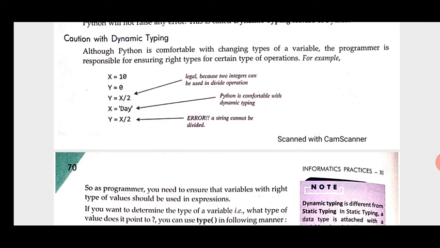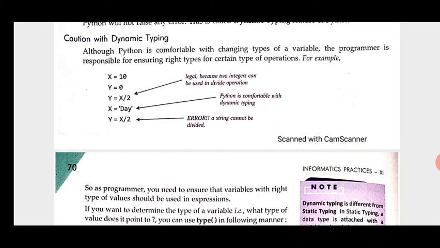Here y is equal to x divided by 2, but what is the value of x? "day" divided by 2 is meaningless. We cannot divide any string value by any numeric or integer value, so an error will come. The upper lines are okay.